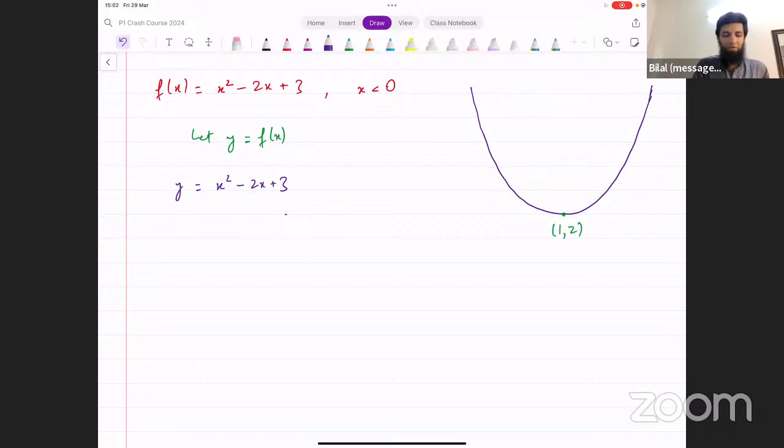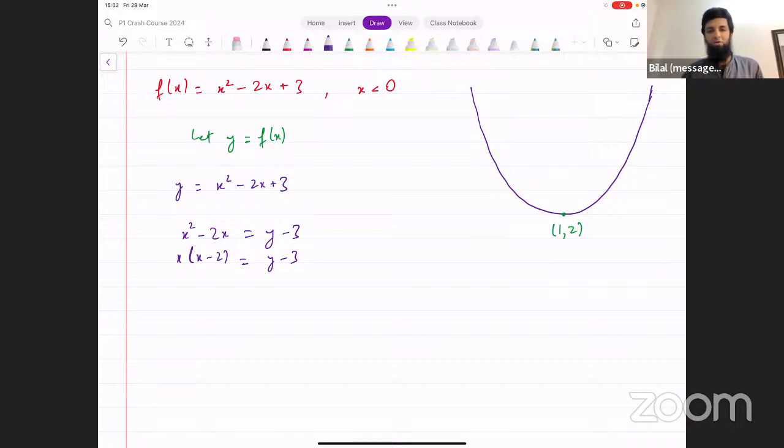You can keep x terms on one side. On the other side, you would have y minus 3. Now you could try taking x common, but that leaves you with x minus 2 inside. What do you do now? How can you make x the subject? It can't be made the subject in this form. You can try that and it will not work out.